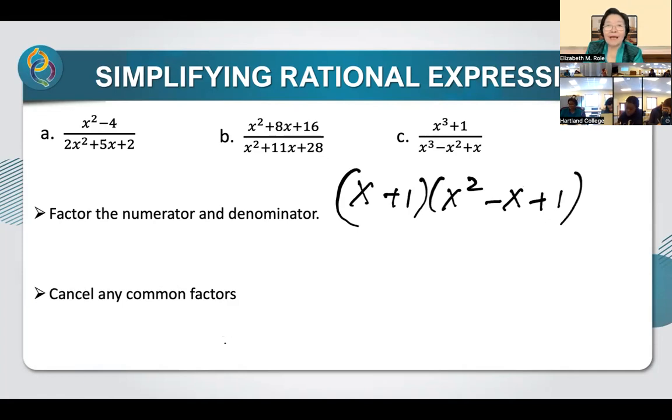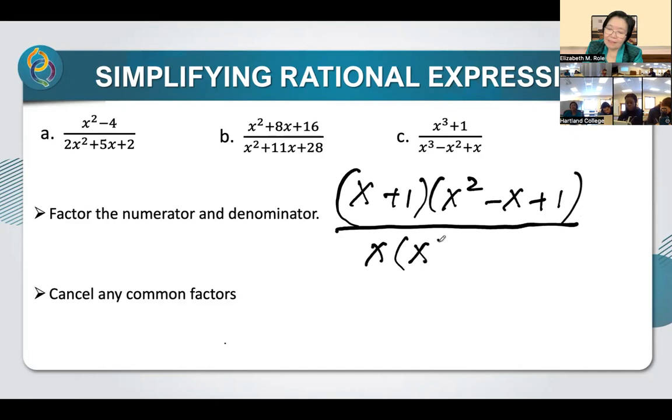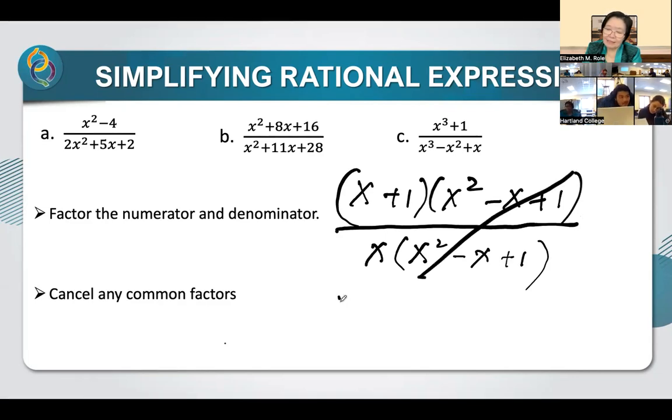So remember the process. In the new denominator, there's a common factor x. What remains is x squared minus x plus 1. Then you have the common factor x squared minus x plus 1 to cancel. x plus 1 over x.